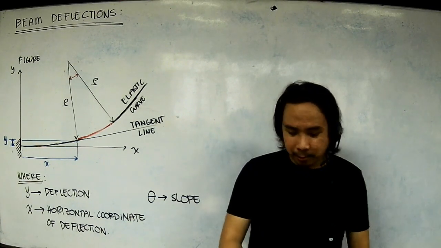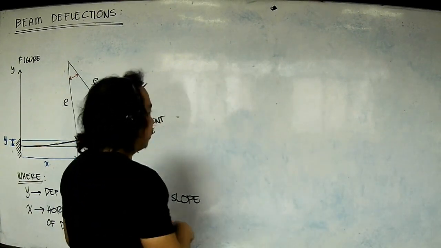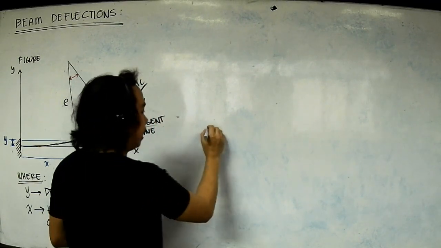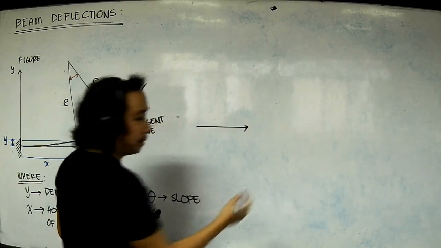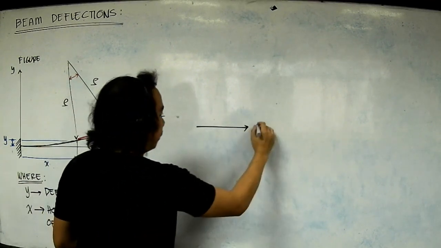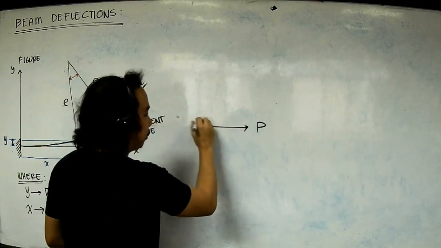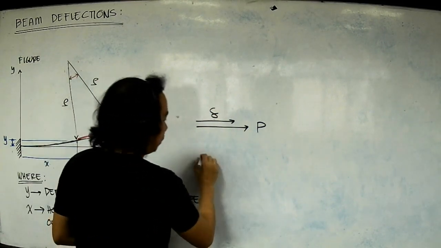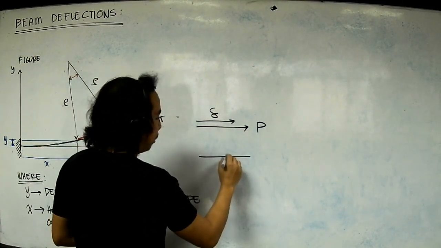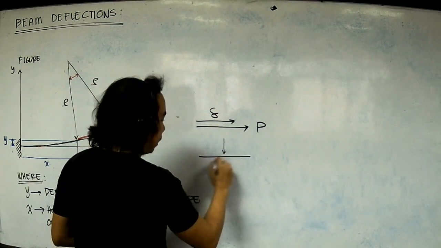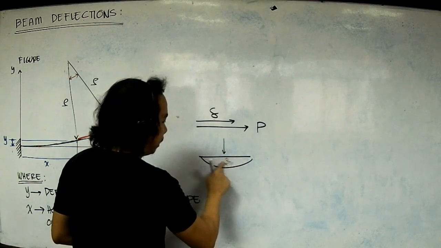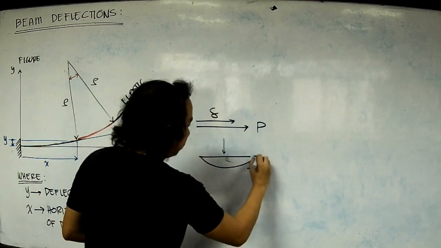Okay? When you say deformation, in our understanding from strength of materials, it is in one direction only. In coordination with our force here, our deformation is like this. Now, when you say deflection, the direction of our deformation will be something like this.